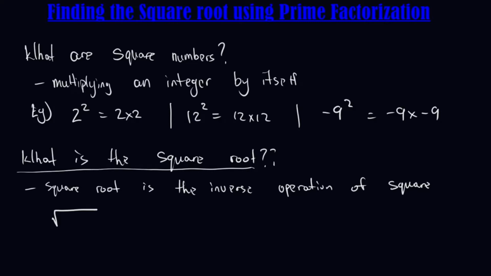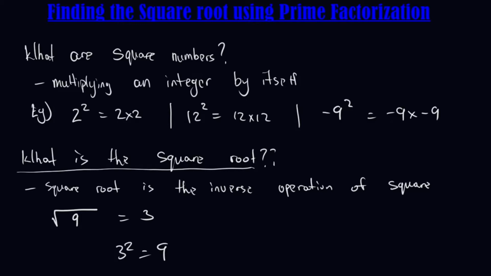With other numbers you'll get decimals. For example, the square root of 9 is 3. So 3 squared is 9, and the square root of 9 is 3. So it's the inverse operation.